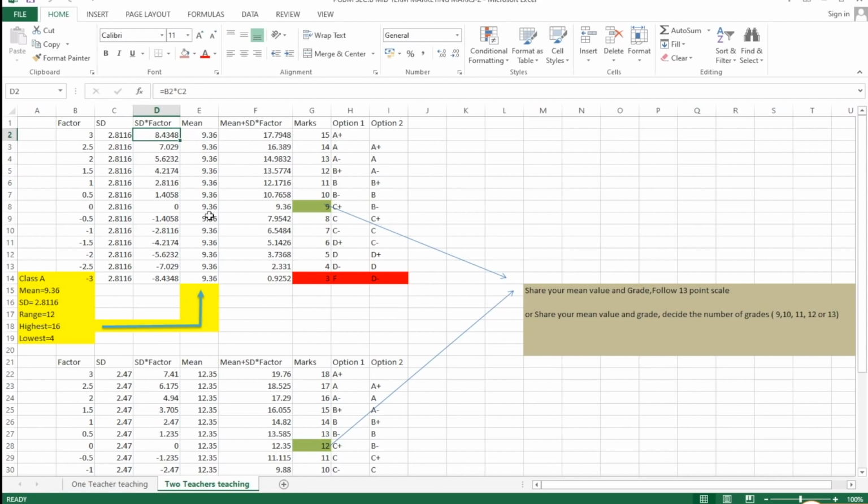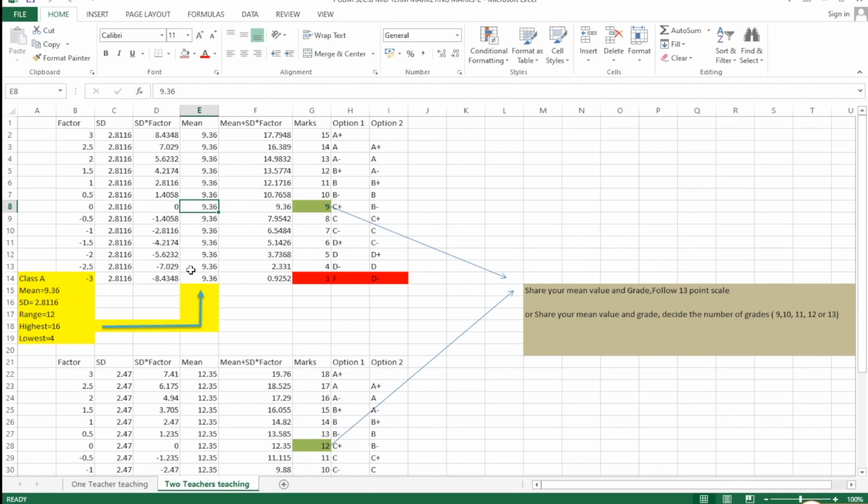You have gone in for finding the average, so this is your mean, 9.36. Now you may say, I will round it as 9, and a lenient teacher will say it as 9, and a strict teacher can say, I will take mean as 10. Okay. So in this case, we have taken the average as 9. So section A result is like this.